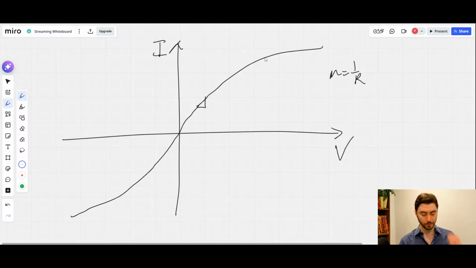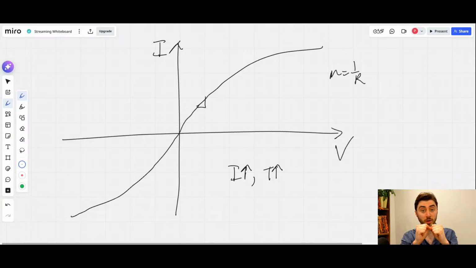Well, what's happening here? As current goes up, there are more electrons flowing through the resistor. And they are colliding with the atoms in the resistor, or the metal ions in the wire, and so they're giving them energy. It's heating them up. The temperature goes up as the current goes up. And as you know from solid state and thermal physics, the atoms in a solid are in a regular array and they're vibrating.